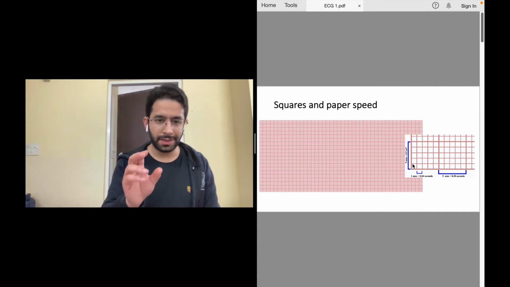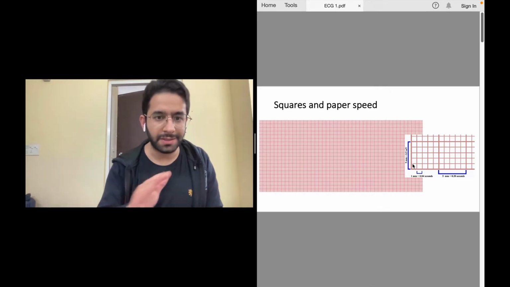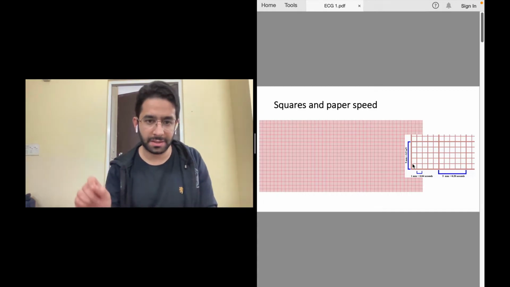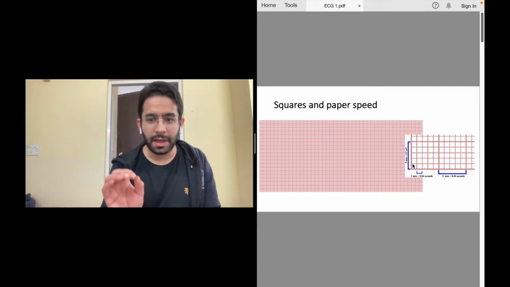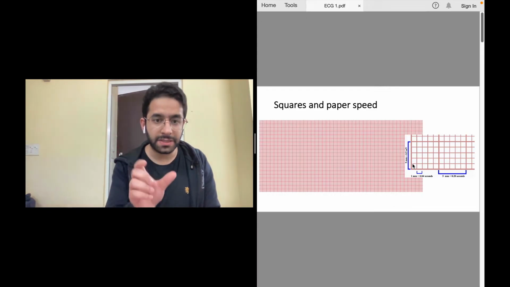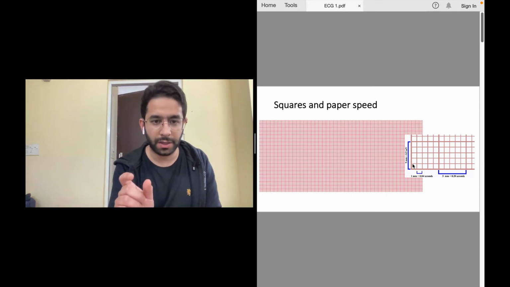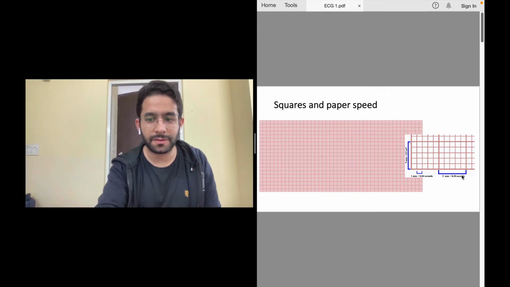The way an ECG machine is designed or calibrated is that by convention, it prints at a rate of 25 millimeter per second. The speed at which it writes the ECG is 25 millimeter per second, which means that 5 big squares, 5 large squares would be written in 1 second, which means that one large square is 0.20 seconds or 200 milliseconds.